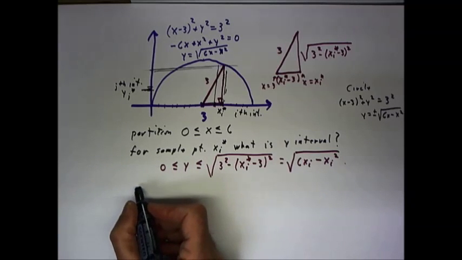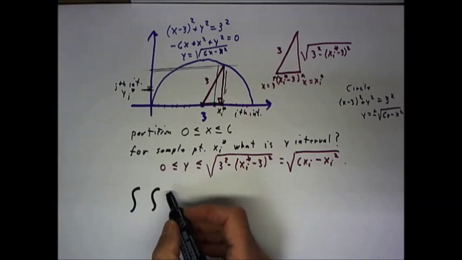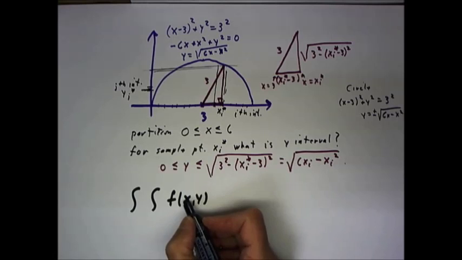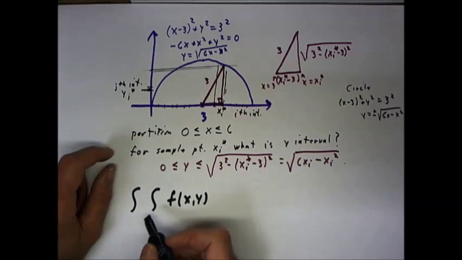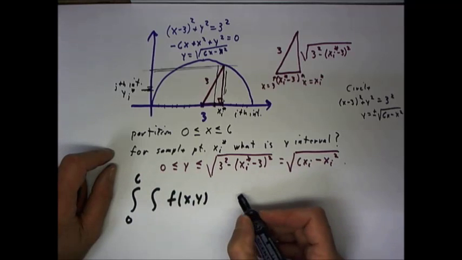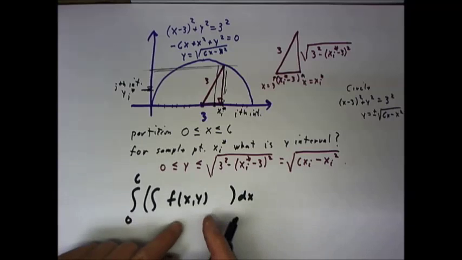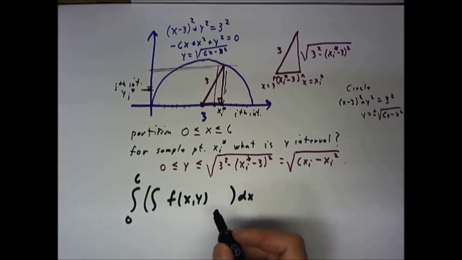We find that our integral of whatever function we're trying to integrate on this region, let's just call that some function f of x, y, can go from 0 to 6 with respect to x, and that implies that our y has to go from 0 to the square root of 6x minus x squared.